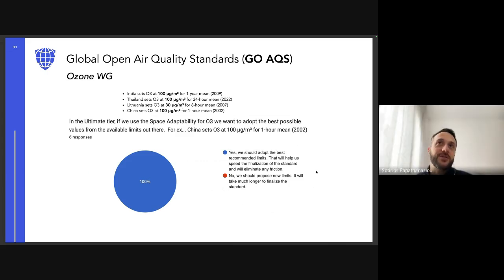And also based on the literature that we could find, from all the literature that I read, I couldn't find that ozone affects human health the same way some other pollutants do. So maybe more research is needed.